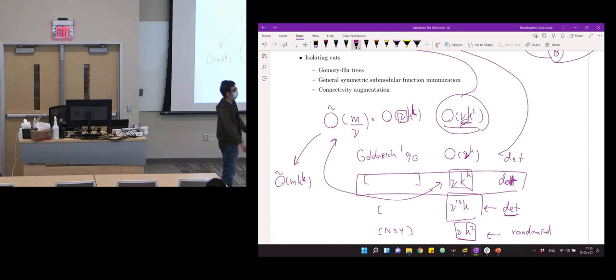Oh, you're right, very good. Even if you have a deterministic local algorithm, using this framework is going to be randomized.